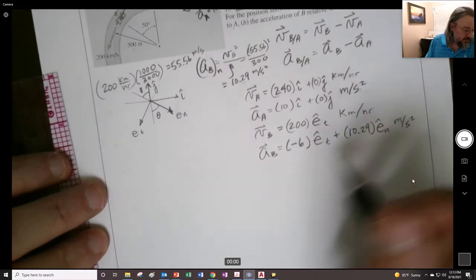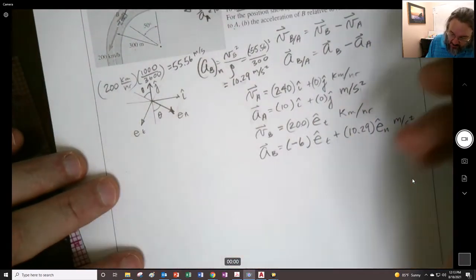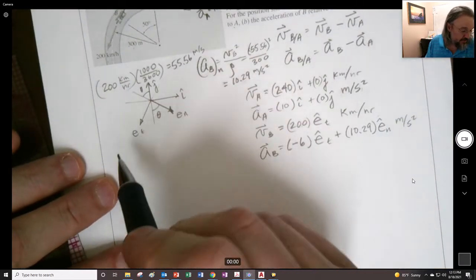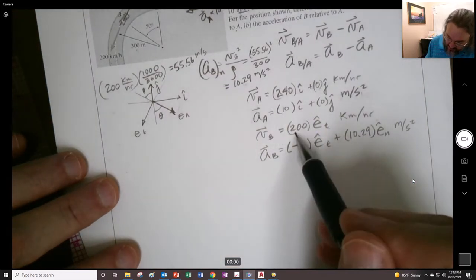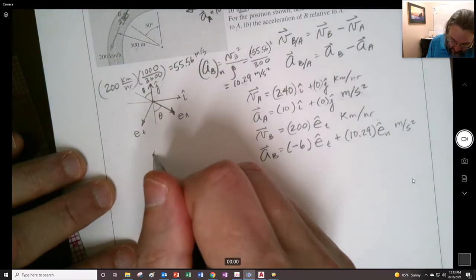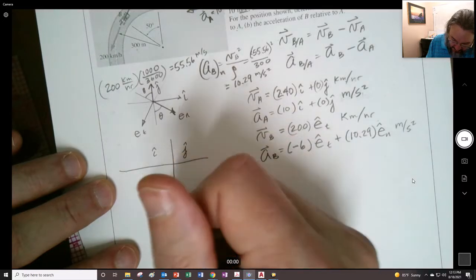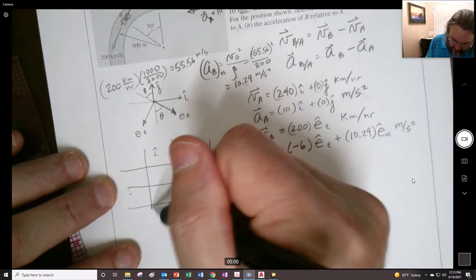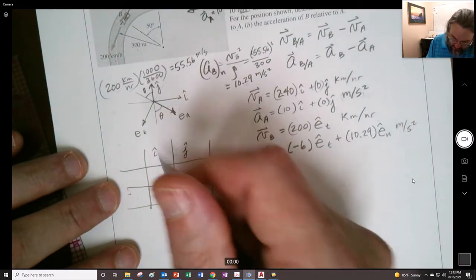Okay, so our coordinate transformation, we want to go to I and J. Is that how I did it? Yeah, I decided to turn this into I and J and to turn that into I and J. I have been doing this so far always on the top, and I mentioned that we could do our coordinate transformation where this was I and this was J and this was the other two.